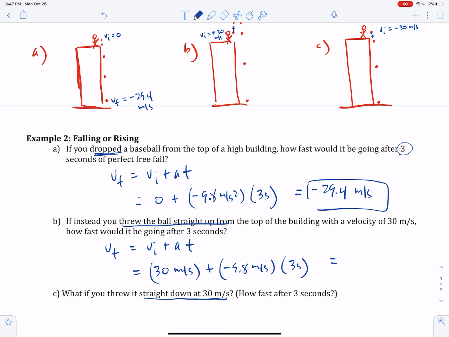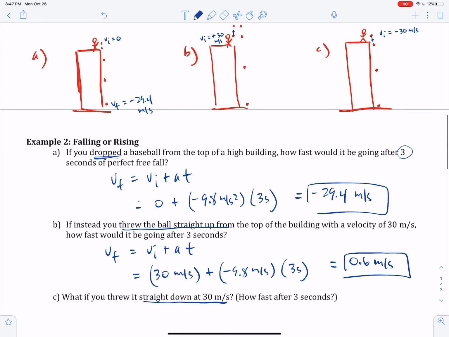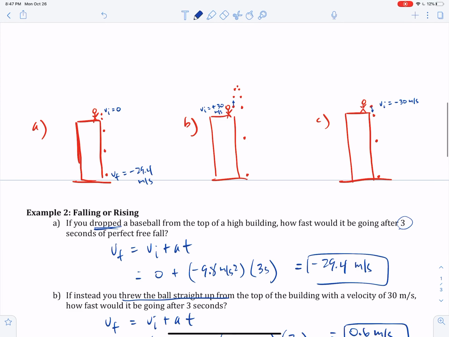Okay, so now we end up getting 0.6 meters per second. Okay, so that's going to be very near the peak because it's almost 0. So in the second situation, our v final is somewhere up in here while the ball is still rising. The final velocity is 0.6 meters per second.